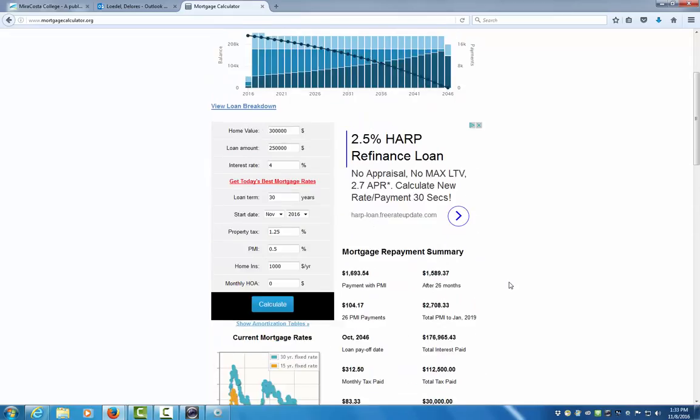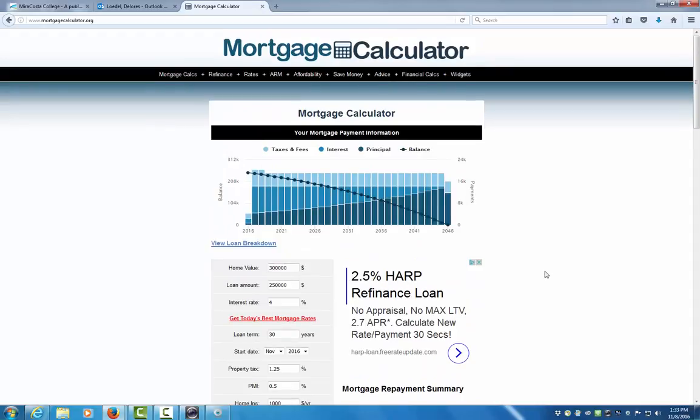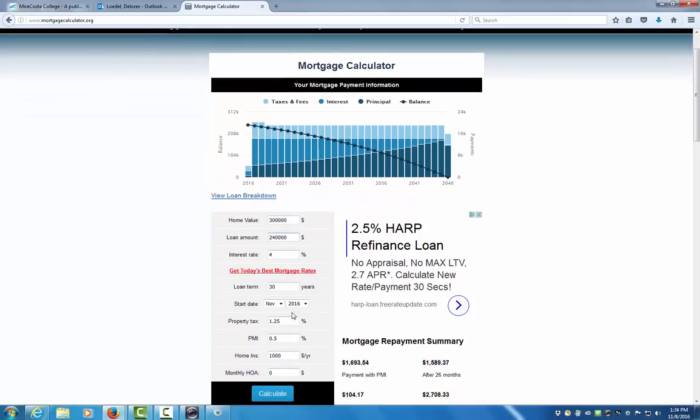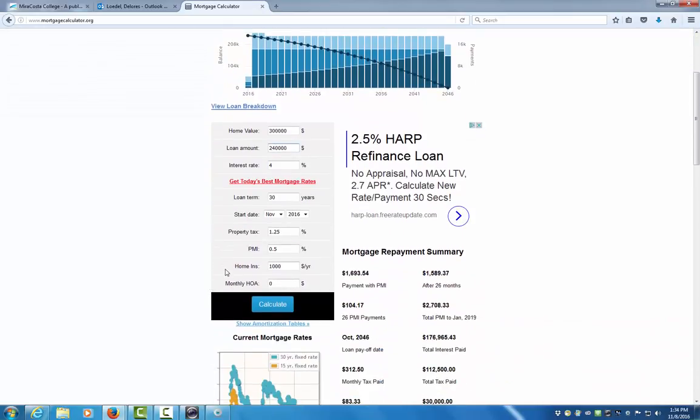Let me go back here and show you if I want to change this. Let's say instead of paying down $50,000, I pay down $60,000, which would be the 20% needed to avoid this PMI insurance. We'll make that 0 and then calculate.